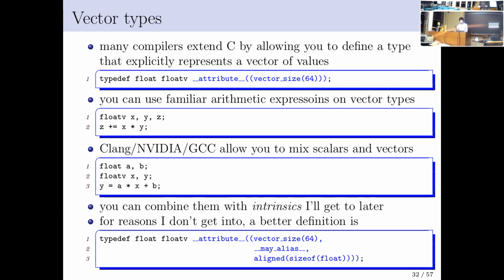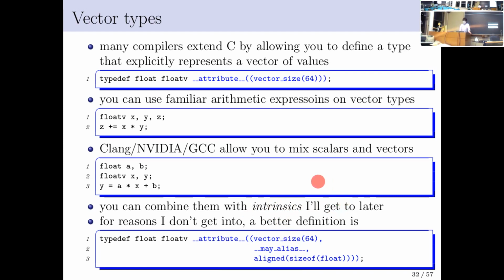So there are things that you cannot do just by introducing a vector type and ordinary arithmetic expressions. In these cases, there are functions specifically designed, for example, for taking the square root of 16 values, if there is a CPU instruction available that does exactly that. These are generally called intrinsics. I'll get to this later.